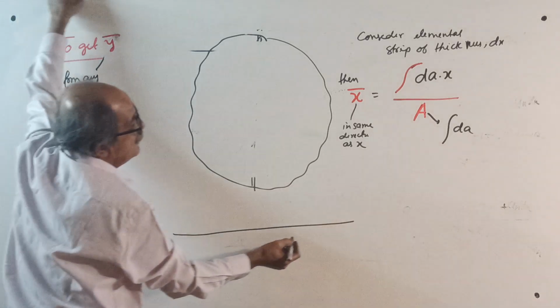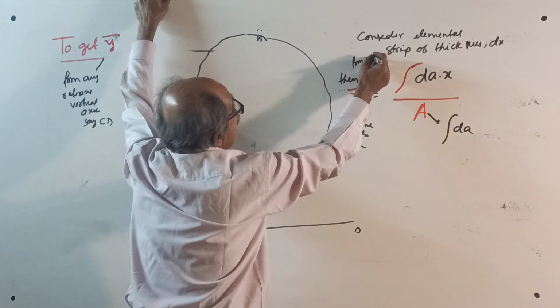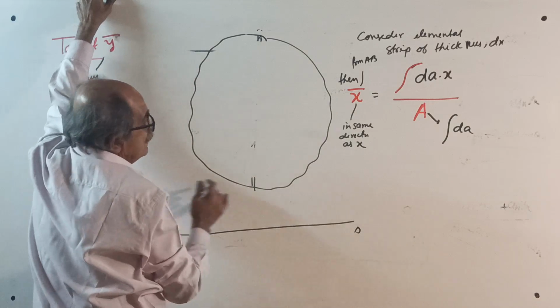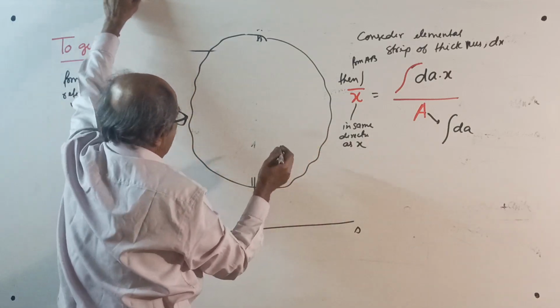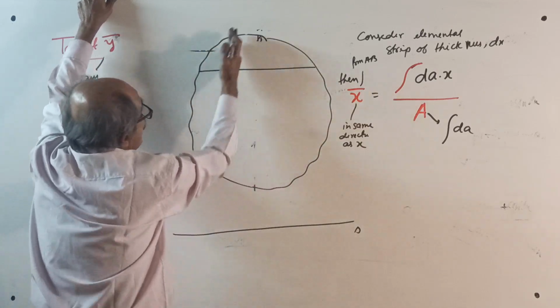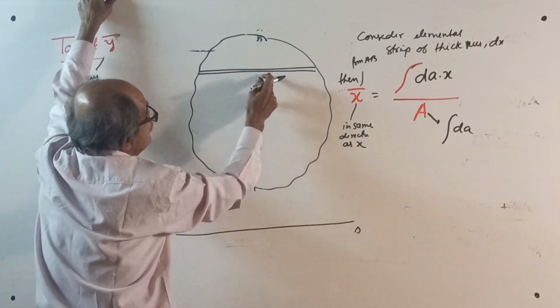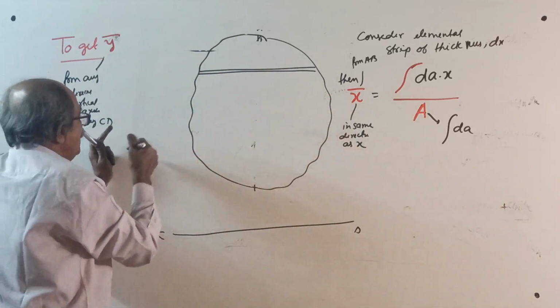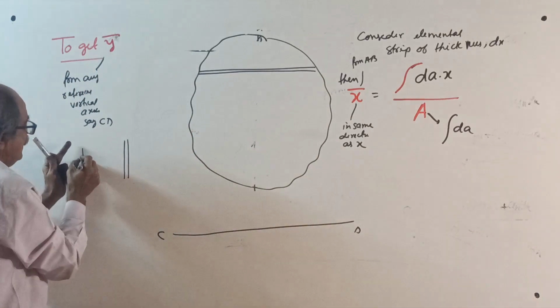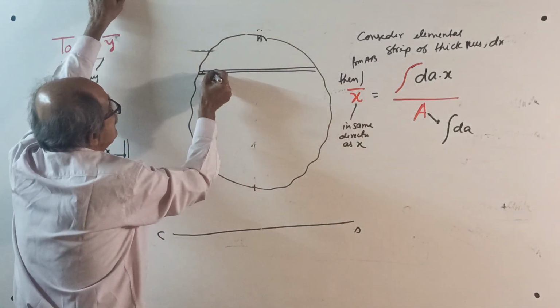Now take a strip this way, not that way, because the strip should have y constant. Last time the strip had x constant.